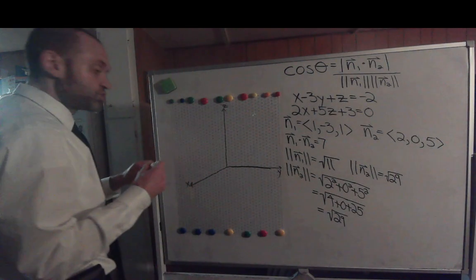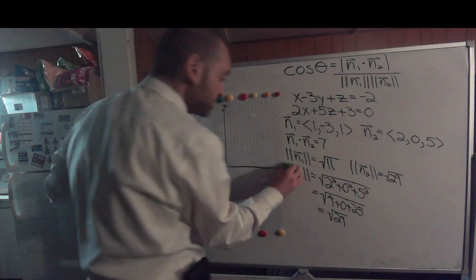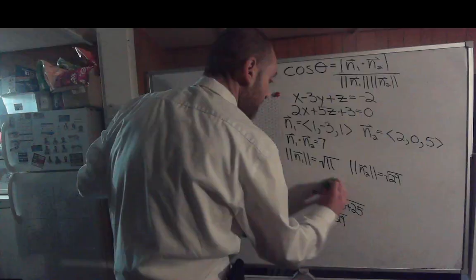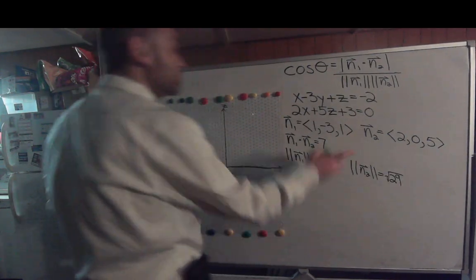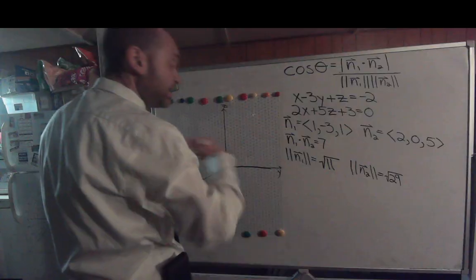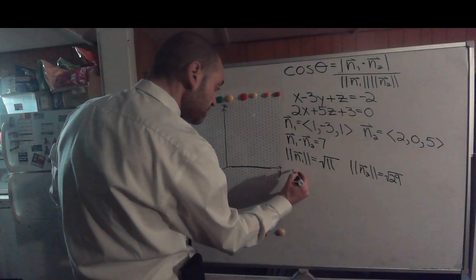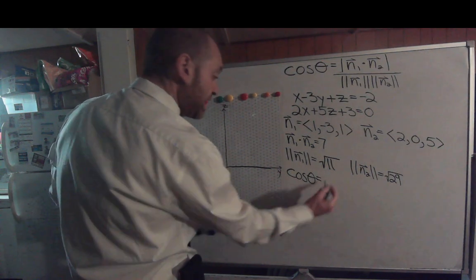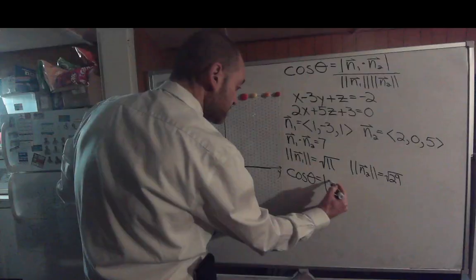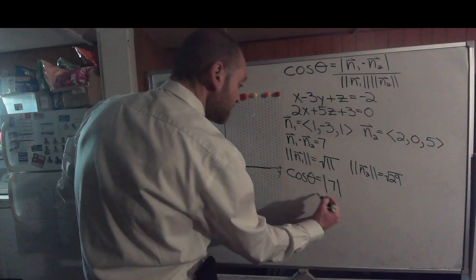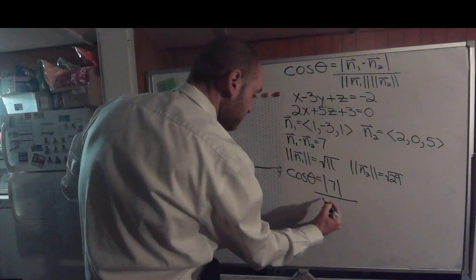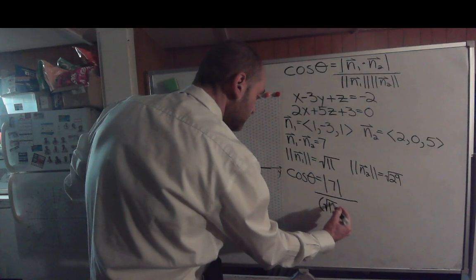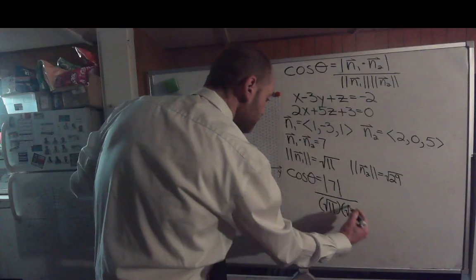Alright, so there's your two normal vector magnitudes. Now we have enough information to plug those into the formula to find the angle. So the cosine of theta equals the absolute value of our dot product, which is 7, divided by the product of your magnitudes, so the square root of 11 times the square root of 29.